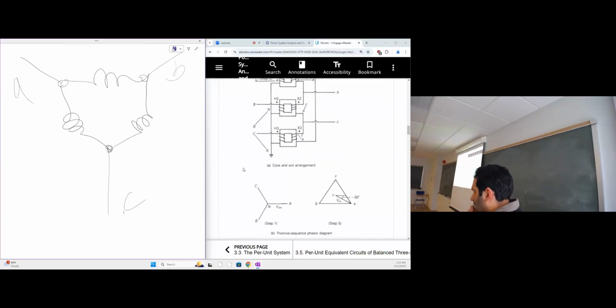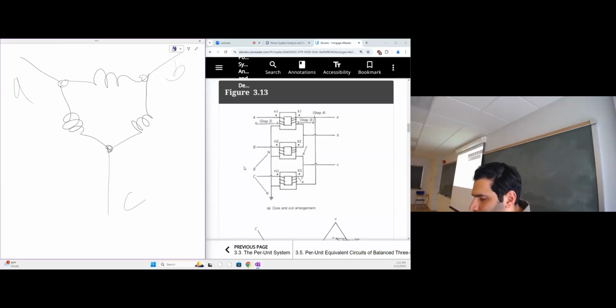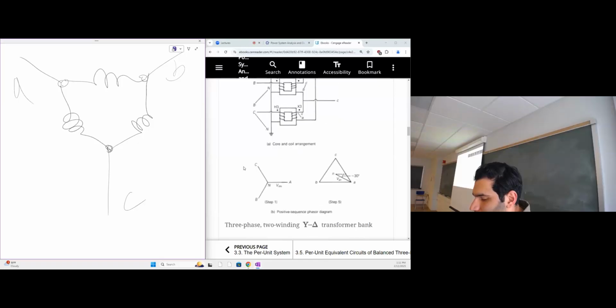Let's talk about the angles here. So we expect a phase shift. Let's prove that or show the difference. If I ask you to trace the phasors on the primary side, what would you do? You initially have them. Those are given.